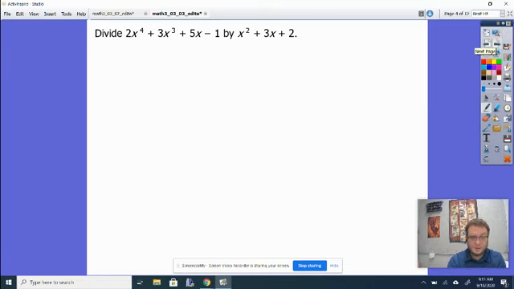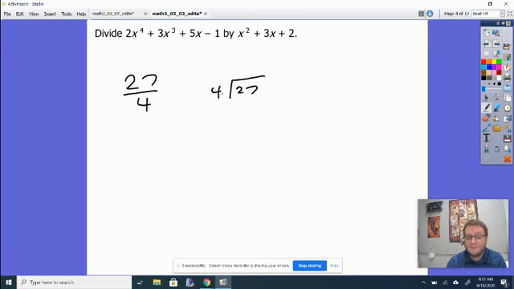So thinking back to when you did division a long time ago. For example, 27 divided by 4. Well, if it was divided by 3, that's easy, that's 9. But 4 isn't a nice factor of it, so I need to do this.